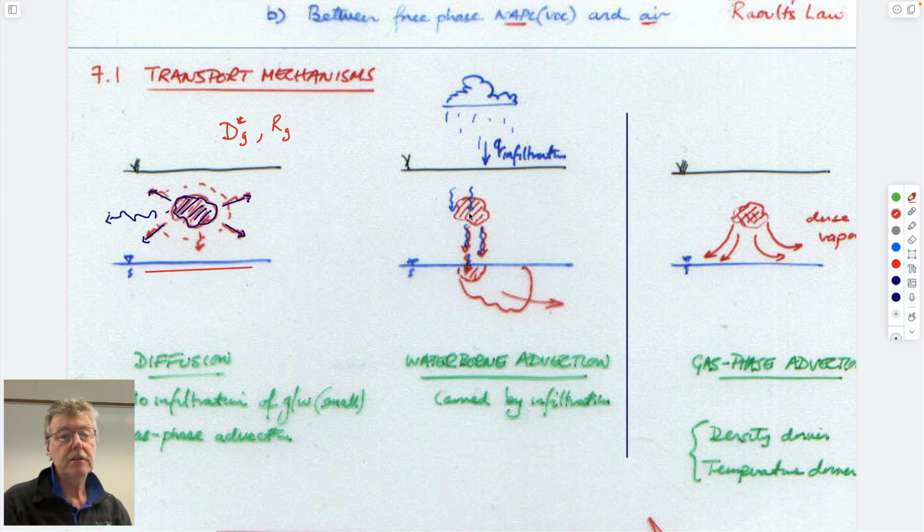It turns out that by far the biggest loading in these systems is driven by dissolution by water, bless you, and advection down to the groundwater table, and then advection in the water table from that. So the biggest loading, this will certainly escape to the atmosphere, but it won't give much loading, as we'll find out later, to the groundwater table.